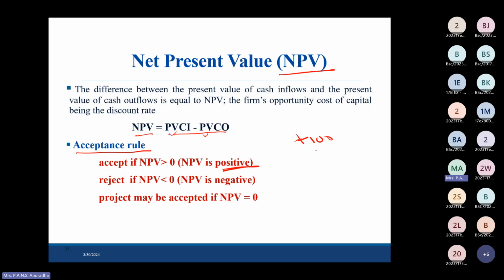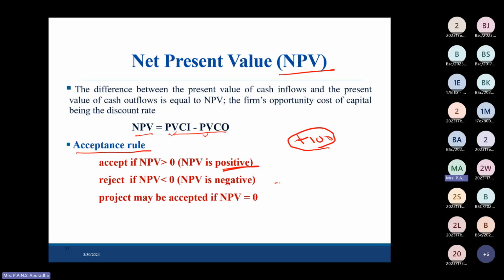It implies that if you accept this project and continue it successfully until its life is over, your wealth or value will increase by 100 rupees. So that is the meaning. By accepting and continuing this project, you can ultimately increase your value by 100 rupees. Therefore, if project NPV is positive, you can accept the project.